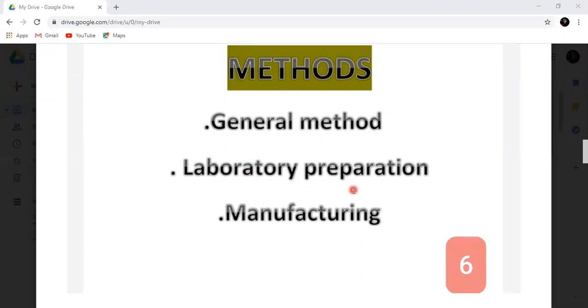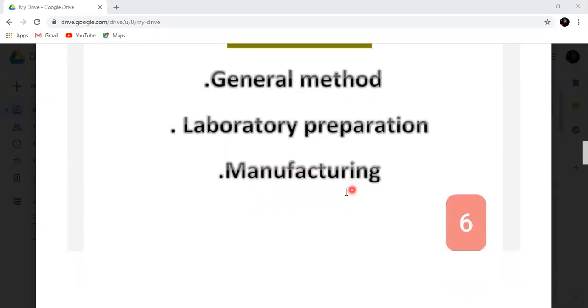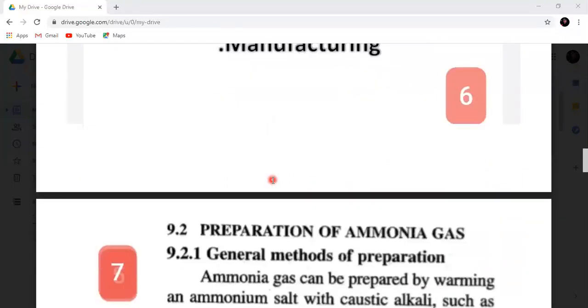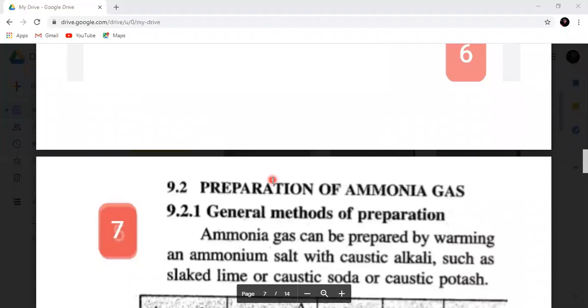And third one is manufacturing. When ammonia is prepared industrially, at large scale, at mass scale, we call it manufacturing. These are all the different types for the preparation of ammonia.